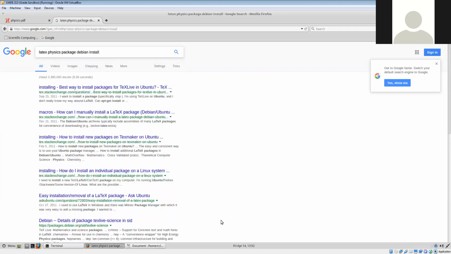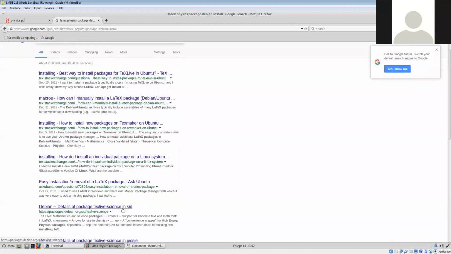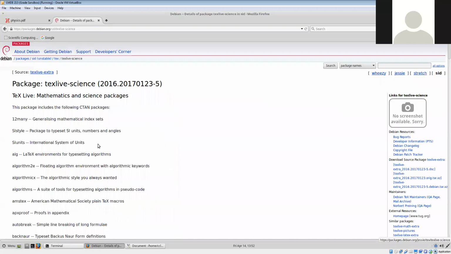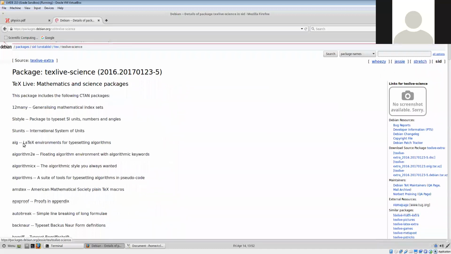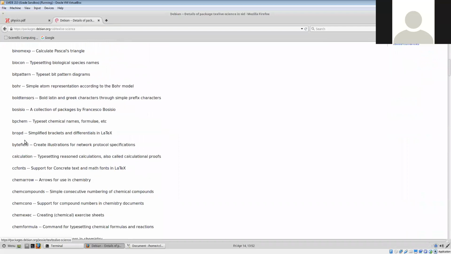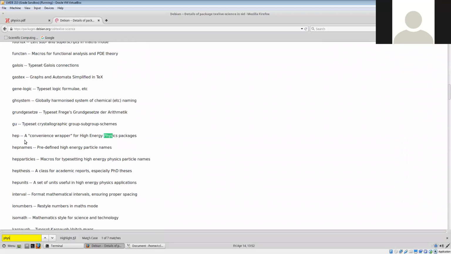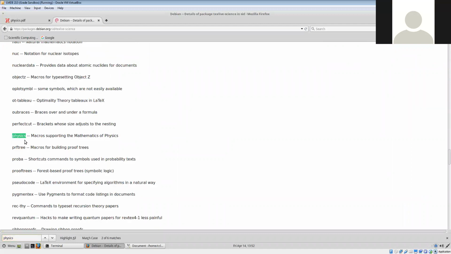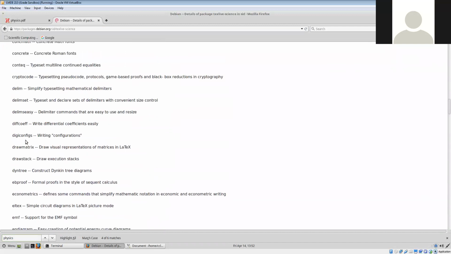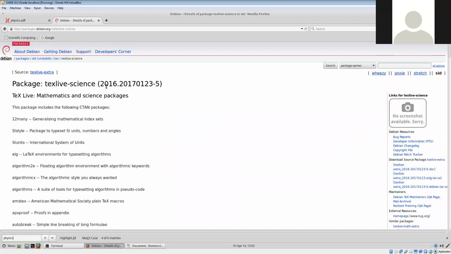It's probably in a package called like extras or texmaker. TeX Live Science. Did we install TeX Live Science? No. Physics. Okay, so it looks like the physics package is going to be in the TeX Live Science package.